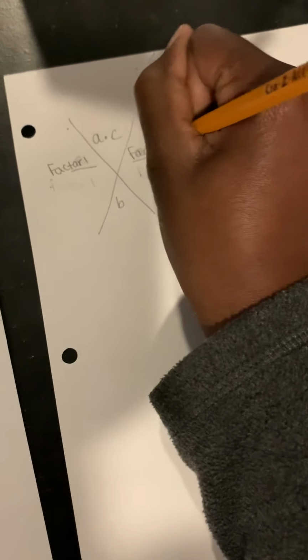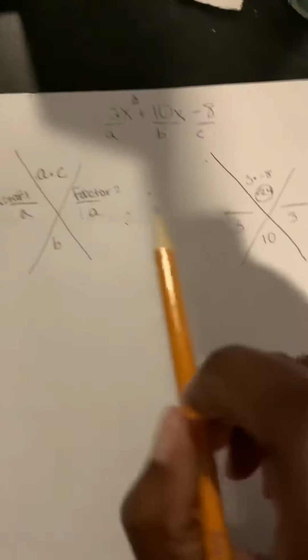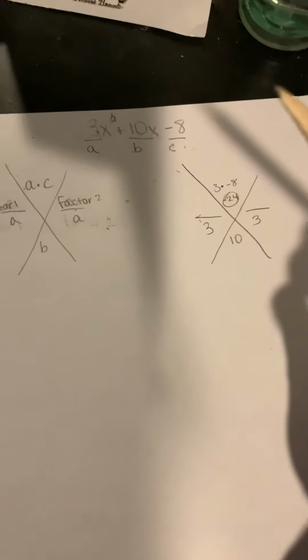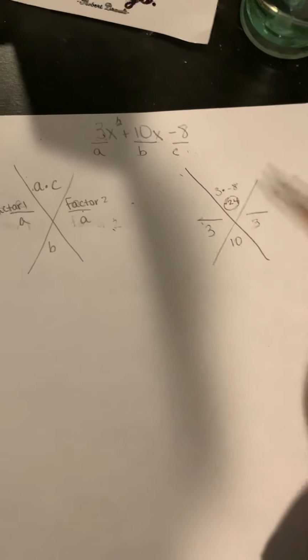So factor 1, factor 2, A, and A. Again, the A's are on the bottom, so I put 3 on the bottom. And now these factors will be the most difficult part of the entire process, which isn't hard. You want to find the factors of A times C that add to give you B.